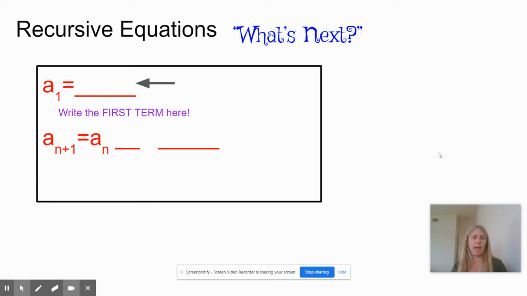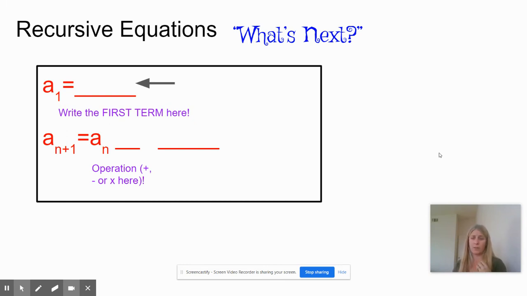The a sub n plus 1 means next. It's the now plus 1, which means next, and your current term is a sub n. And there you're going to write the operation. If it's arithmetic, you're going to write whether it's adding or subtracting. If it is geometric, you're always going to write a times, a dot, the multiplication. And remember, if it's getting bigger, then it's going to be times a number that's greater than 1.